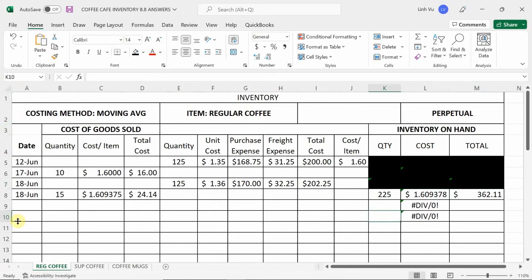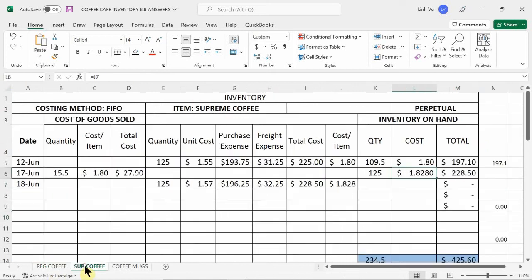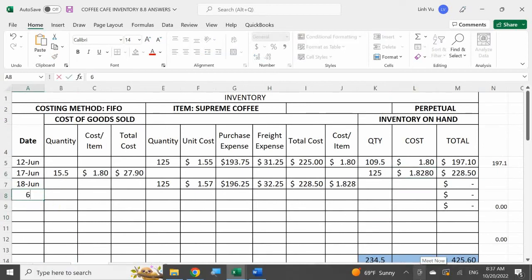All right. So then let's go ahead and solve for my Supreme coffee. I end up using 15 and a half pounds. Now, what costing method am I using to calculate my Supreme coffee? FIFO. So which batch am I going to sell first?